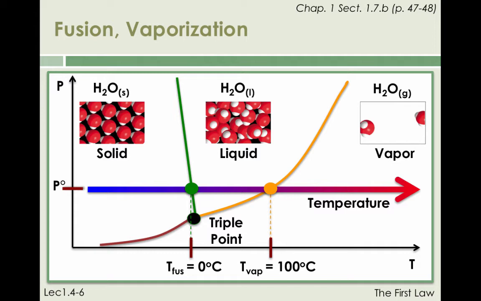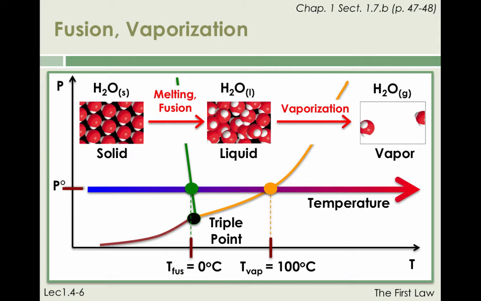When the solid-liquid coexistence curve is crossed, the solid crystalline ice melts into liquid water. This is the melting or fusion process. As the liquid to vapor coexistence curve is crossed, the liquid vaporizes. This is the vaporization process.